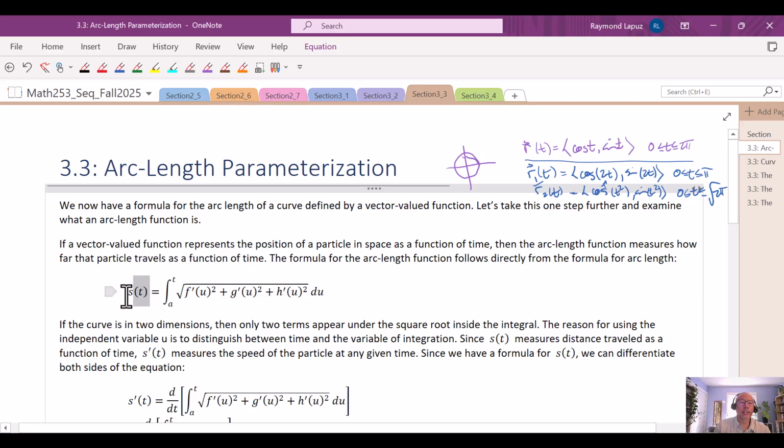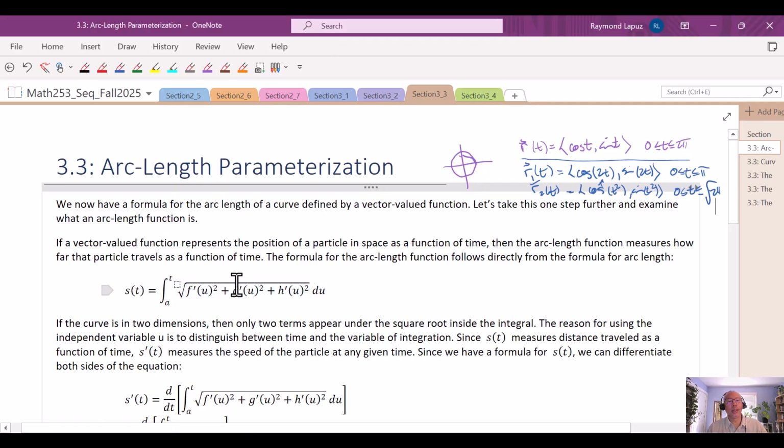So to make your arc length formula a function of t, we're going to make the top limit a t value, the parameter. And that means we need to change the dummy variable inside.